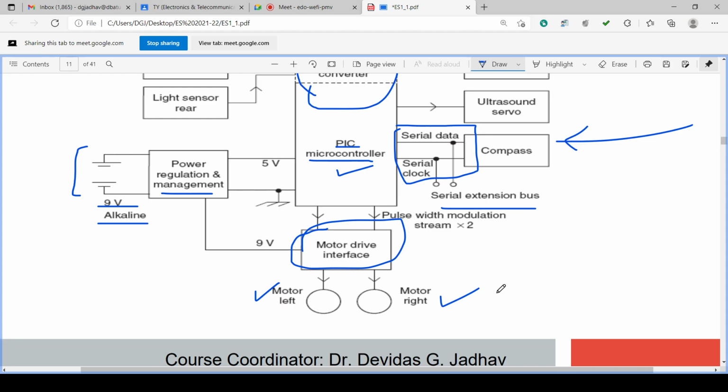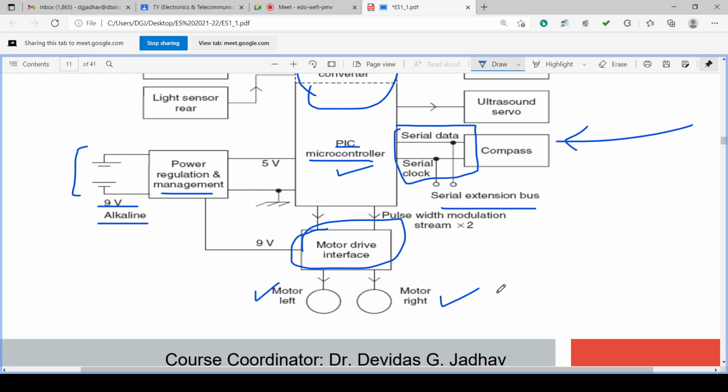The microcontroller will tell the motor to stop, then the motor driving interface will stop the motor. So the motor driving interface is the circuit which runs the motor, but the microcontroller is the circuit which tells the motor to run, in which direction, how much time, how many rotations, how much angle. You have to run 30 degrees, you have to run 45 degrees, you have to run 65 degrees, like that.